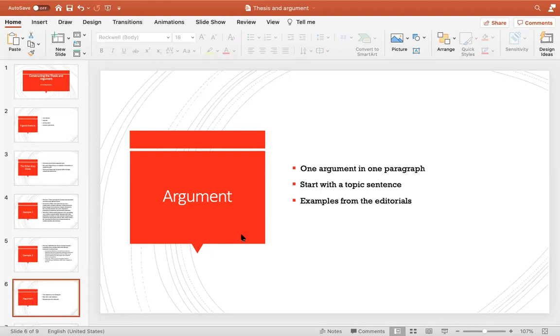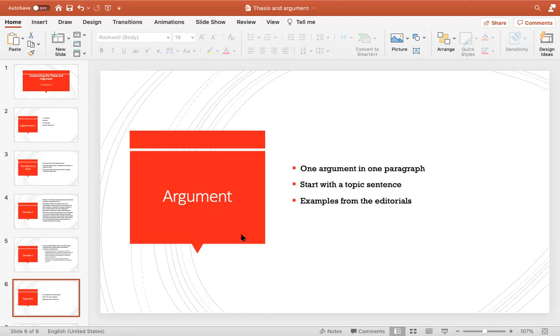So you have to strategically, very wisely, decide how many arguments you need for a paper of 500 to 600 words. Maybe 3 to 4 arguments are enough. Why? Because you are going to write one paragraph for one argument. That will give an order to your paper. Thesis statement on the top, a little explanation about it, that is the first paragraph.